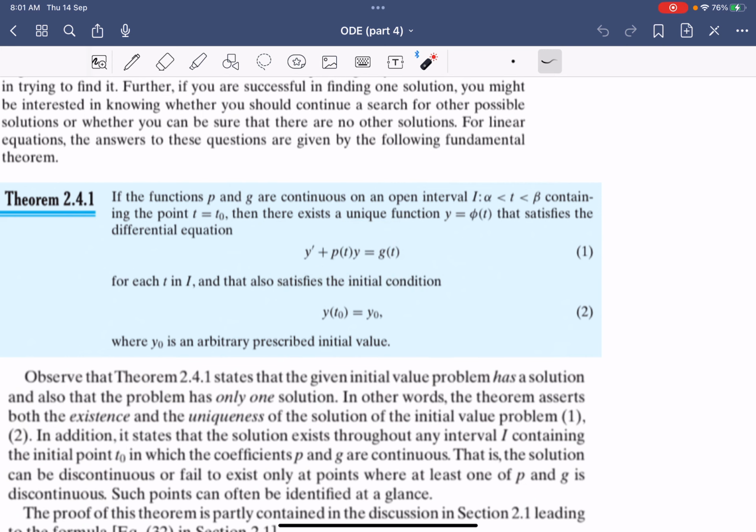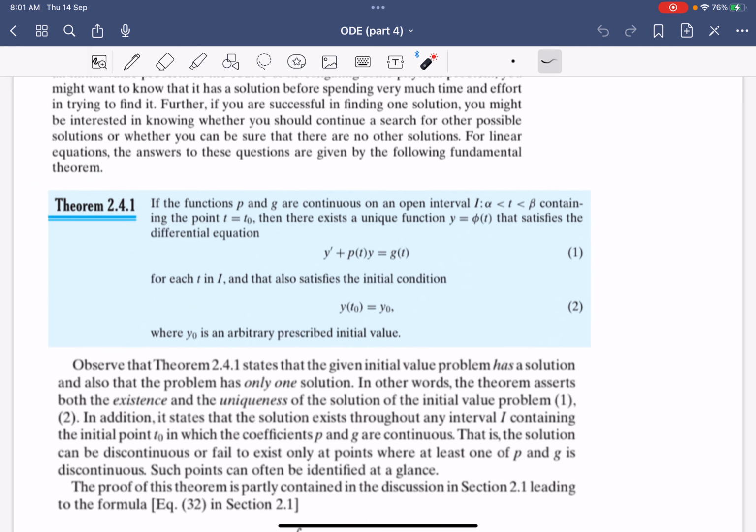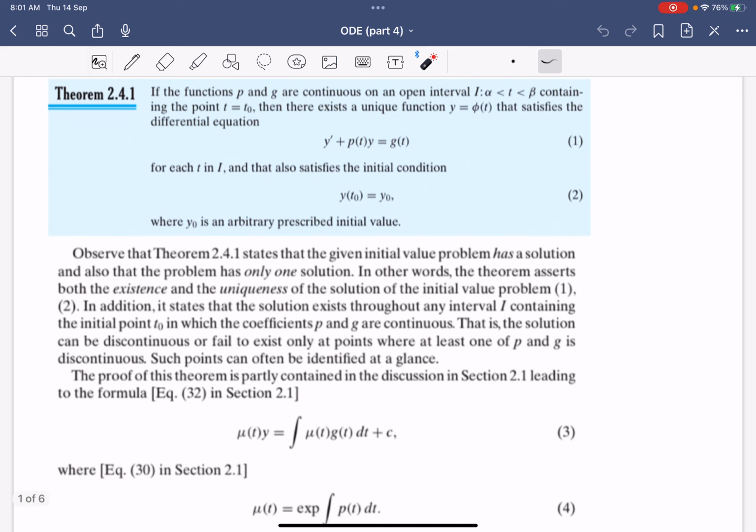What that means is that not only do we know that there is a solution, we know that it is the only solution for the ODE. So this theorem asserts both the existence and uniqueness of the solution to the initial value problem that we've always done.